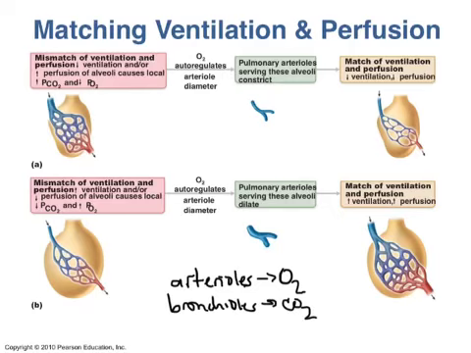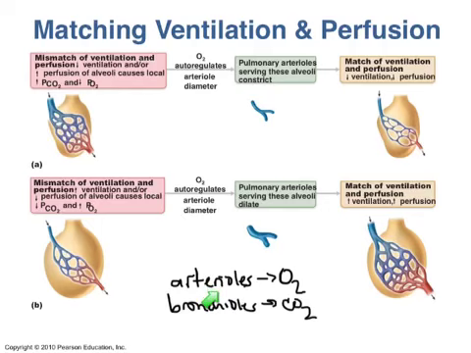Now, the response of the arterioles to oxygen in the lungs is the opposite of what you find in peripheral tissues. In the lungs, increased oxygen leads to arterial dilation, so that the blood can go there and pick up that oxygen. Decreased oxygen leads to arterial constriction, so that the blood gets shunted off to more productive areas of the lungs.